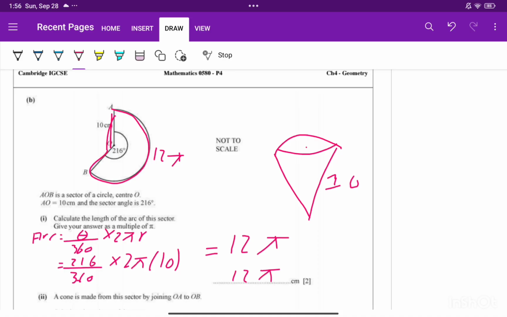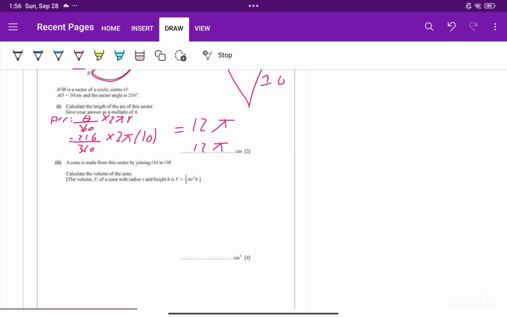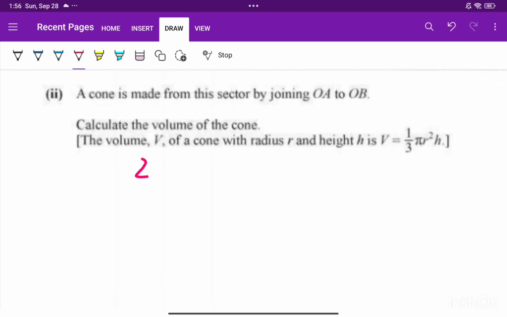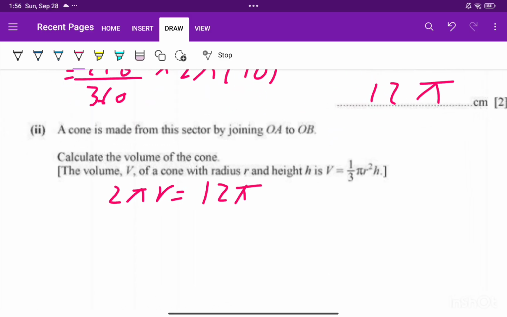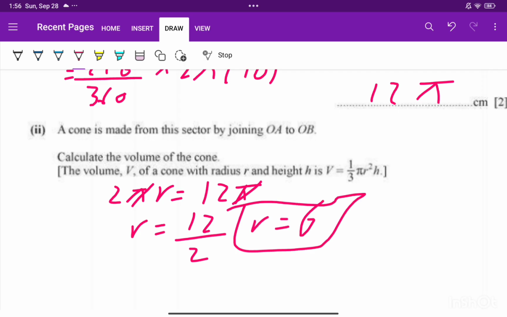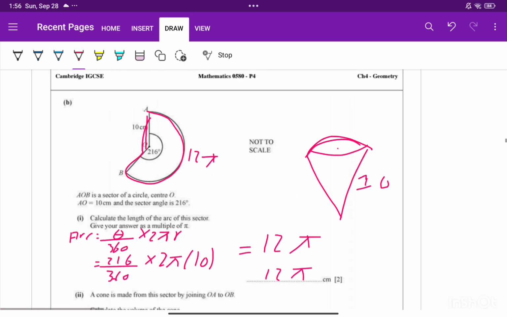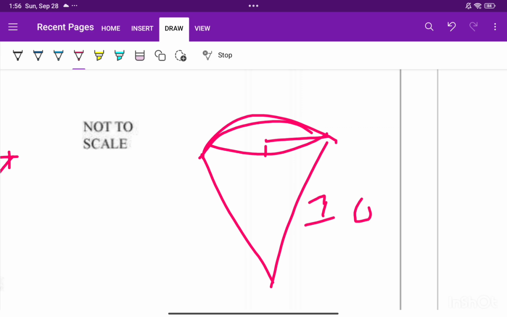That arc length will be equal to the circumference of the cone. So the circumference formula is 2 pi r is equal to 12 pi, which is the arc. Pi will be cancelled, so 12 upon 2, r will be 6. So we can write over here the radius is 6.